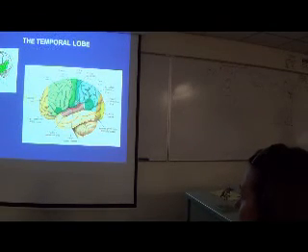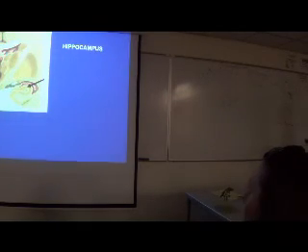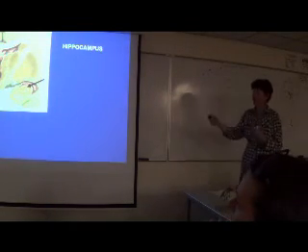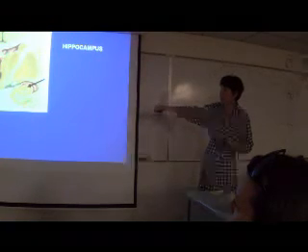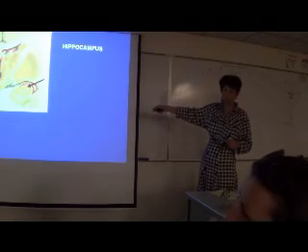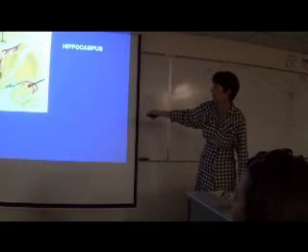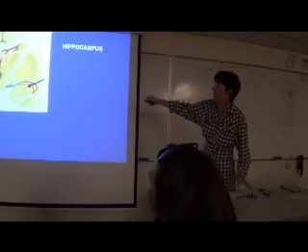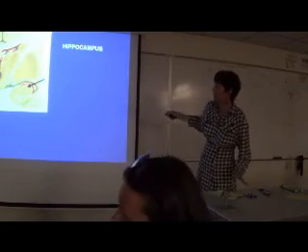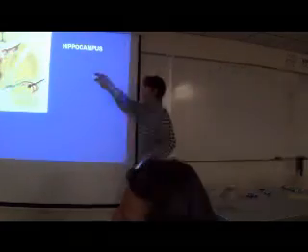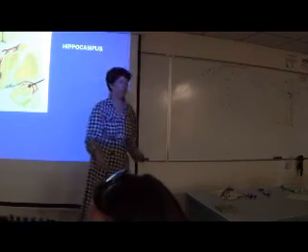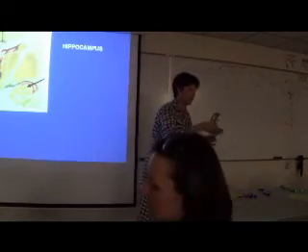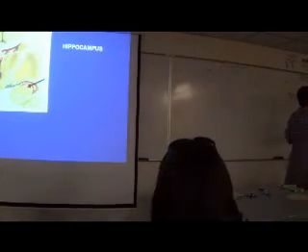Then we have the hippocampus. If you turn your brain upside down, remember I talked about the dentate gyrus? This is kind of rolled up into the inferior horn. So this gap right here with choroid plexus is the lateral ventricle, and it's curving around this way and then forward as the inferior horn.